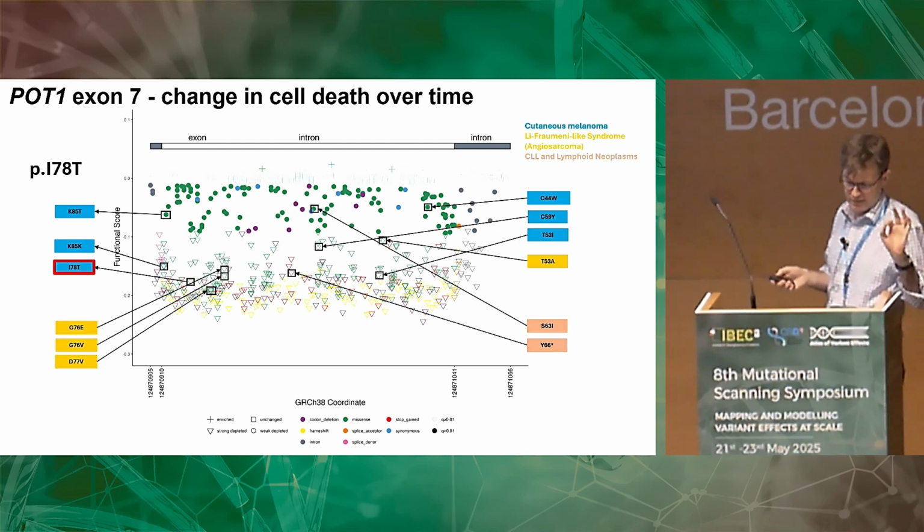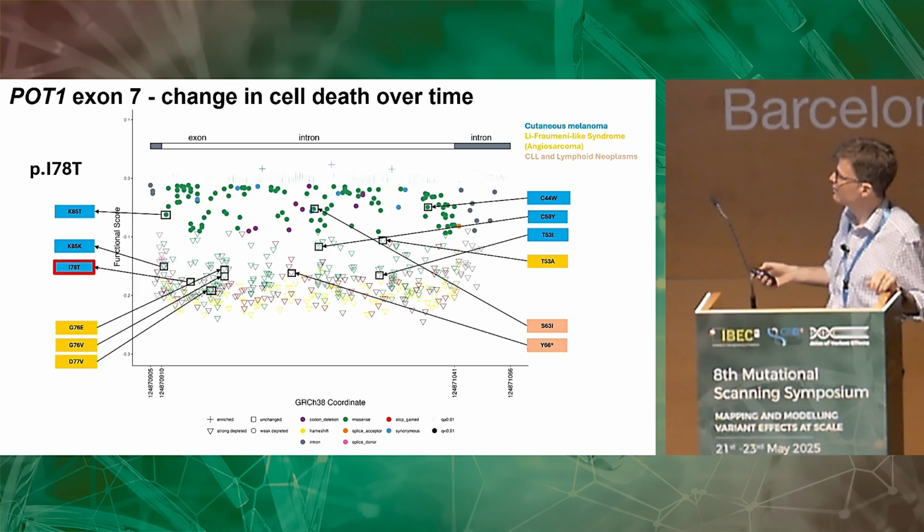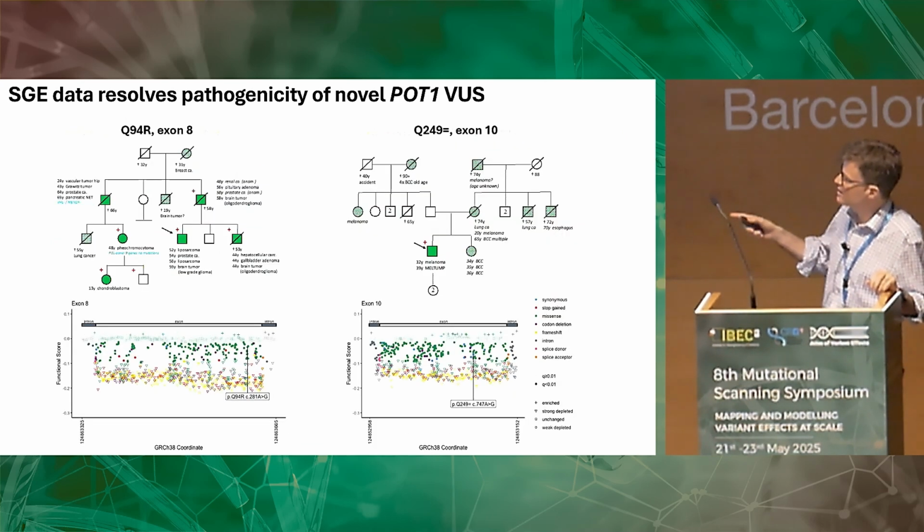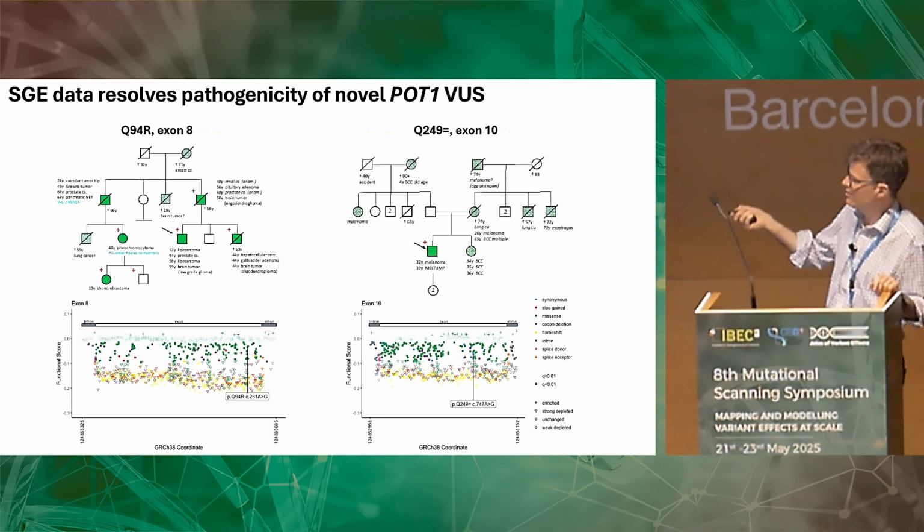Not only can we look at a variant like the one that David carries, but we can expand this across further pedigrees. These are examples of two pedigrees. This one is a Dutch pedigree where you can see there's co-segregation of malignancies together with this specific variant, which is disruptive of function in our saturation genome editing experiments.